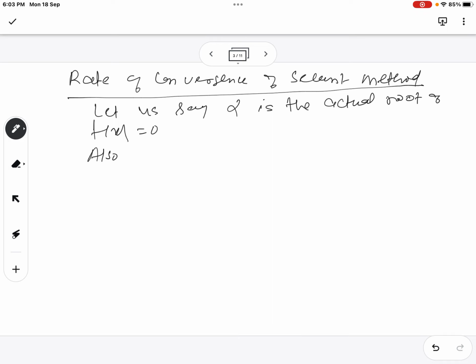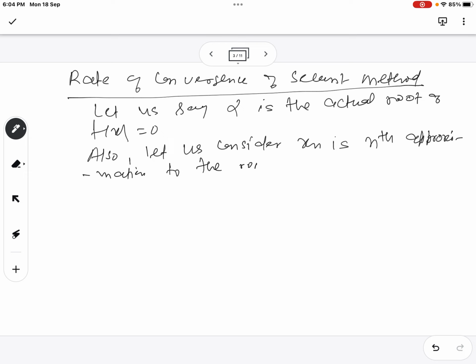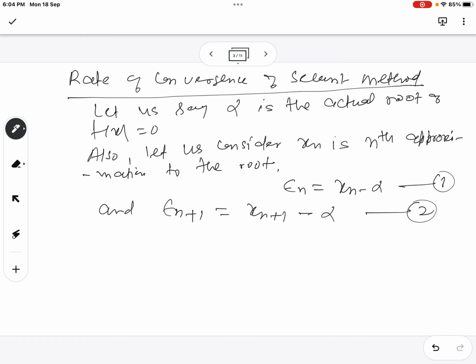Also let us consider that xn is the nth approximation to the root. Hence, I can write that the nth error is equal to xn minus alpha and the (n+1)th error is equal to x(n+1) minus alpha.